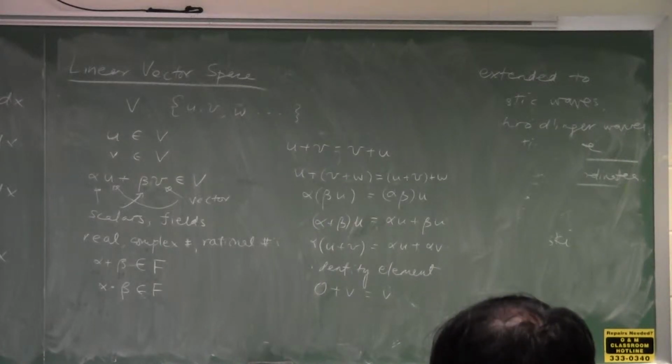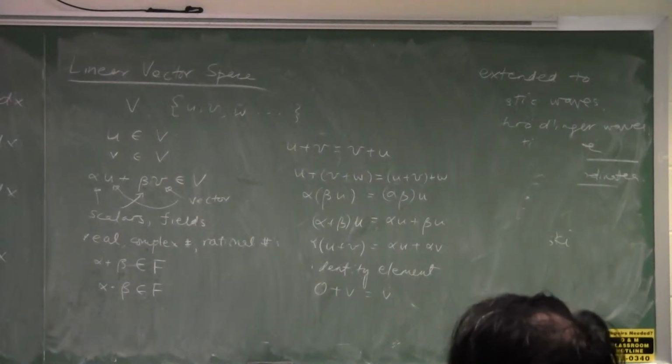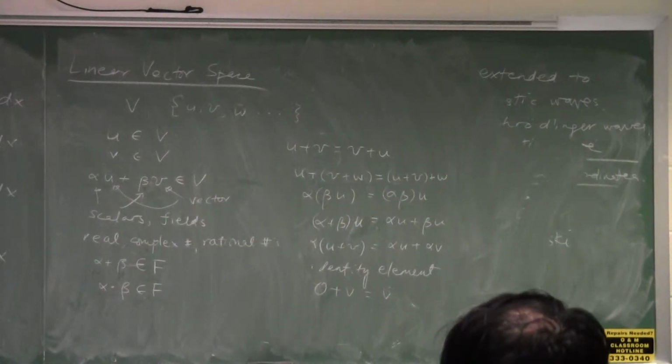So you can say all vectors satisfy these properties. But all matrices also satisfy this property, right? The U and V could have been matrices. All matrices satisfy this property. But what is an additional property that a matrix can have that a vector cannot have? The inverse, that's right.